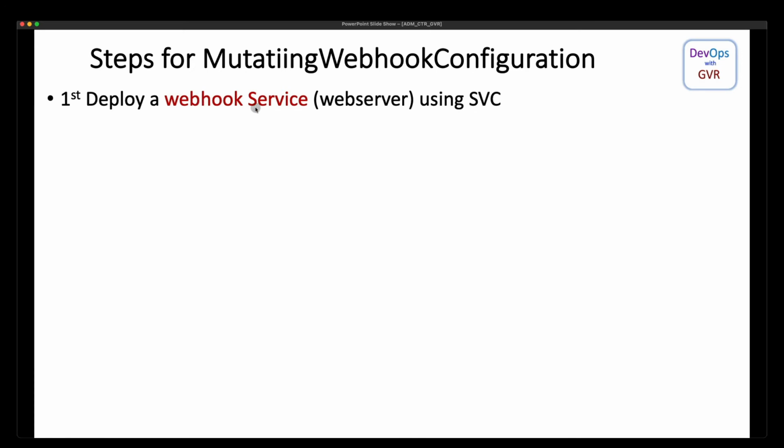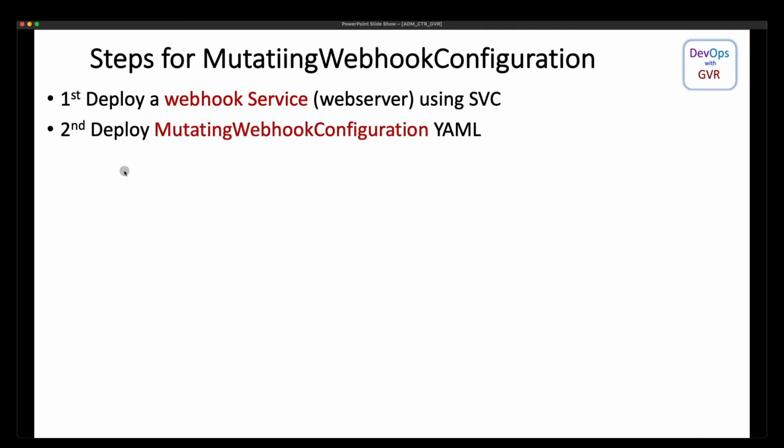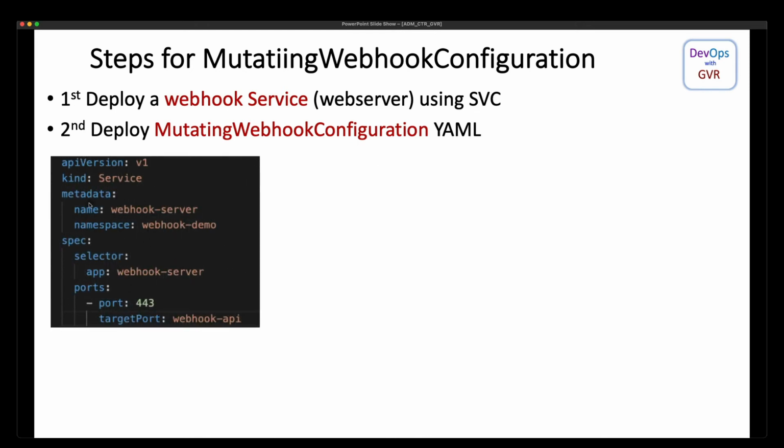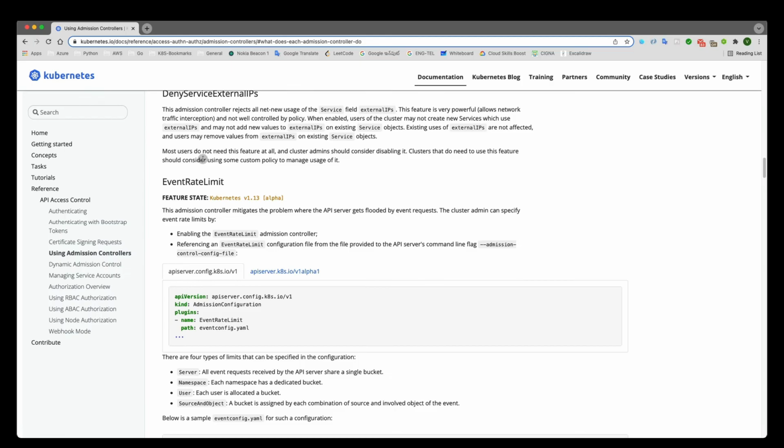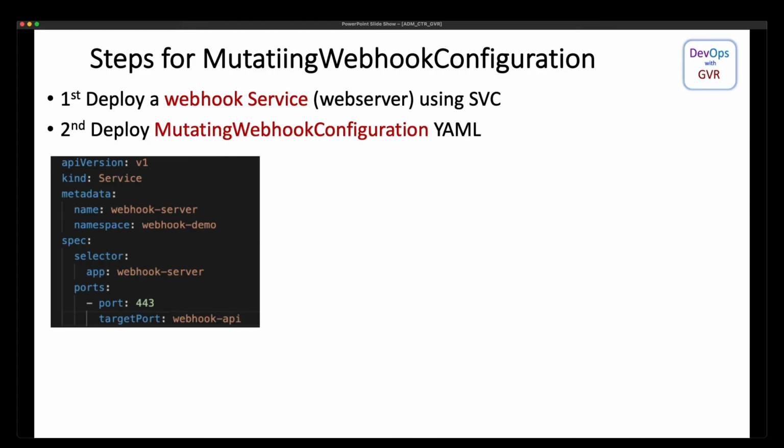As I said, a webhook is nothing but one web server that does some job. You define that first. Second, create a mutating webhook configuration using a YAML on the fly. So first you define one service, called the webhook server.